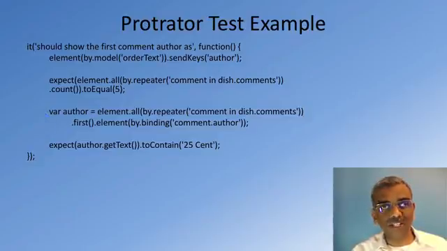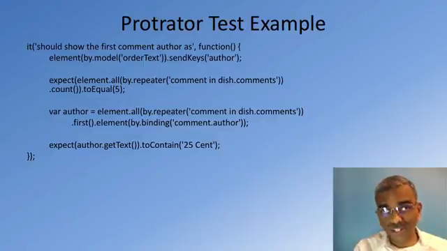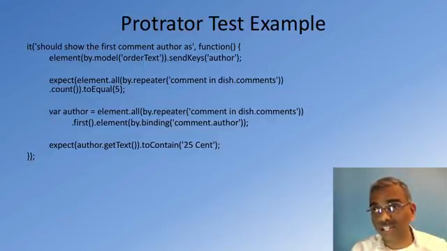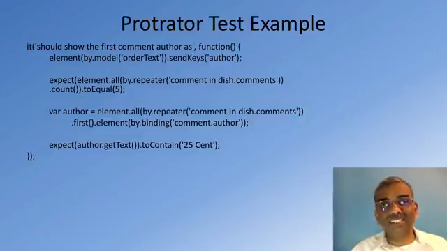So how am I doing that? I'm saying var author is equal to element all by repeater. If you are using the ng-repeat in your template, this is how you can specify the Jasmine syntax in order to extract an individual element out of that repeated list of comments. So I'm specifying by repeater comment in dish comments.